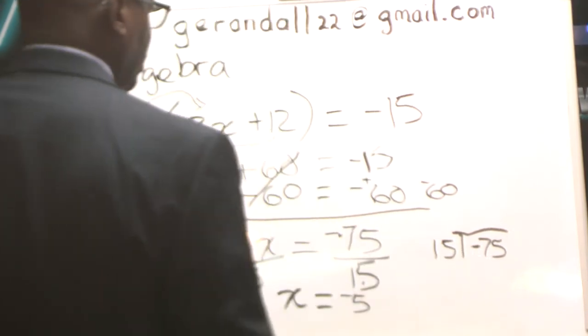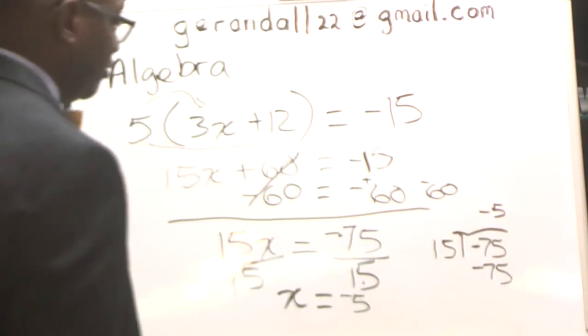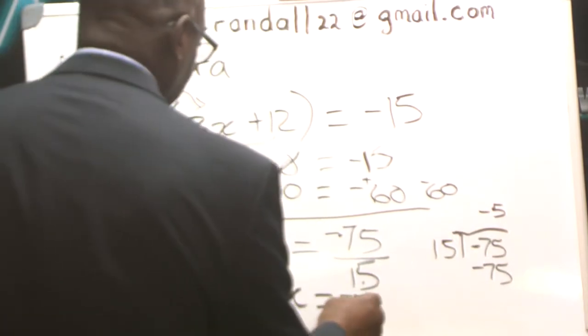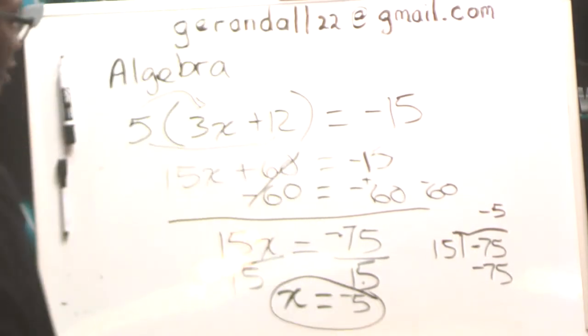Because if you were to set it up like this, negative 75 divided by 15, it would be negative 5. You get negative 75. And you check your quotient times your divisor is a negative 75. So we've got the answer, negative 5.